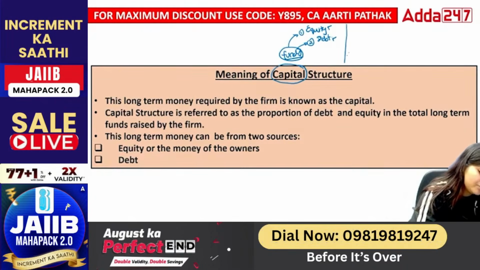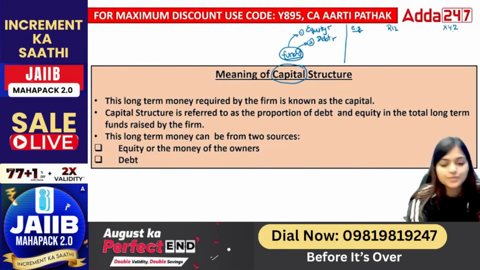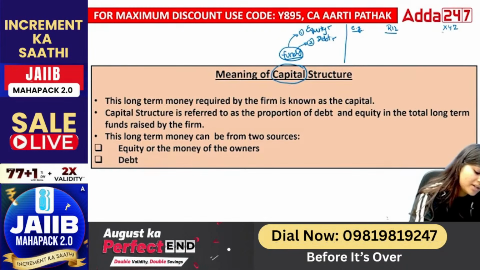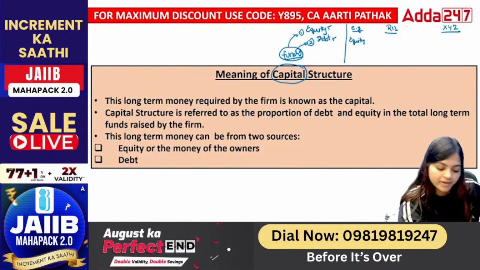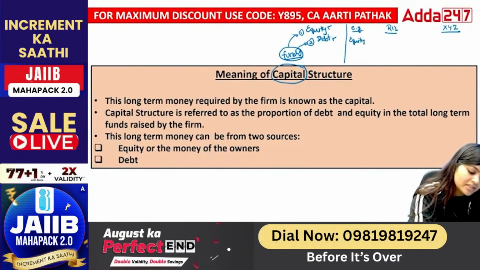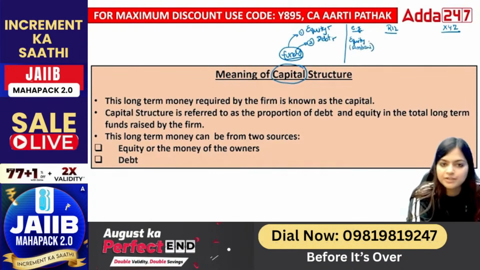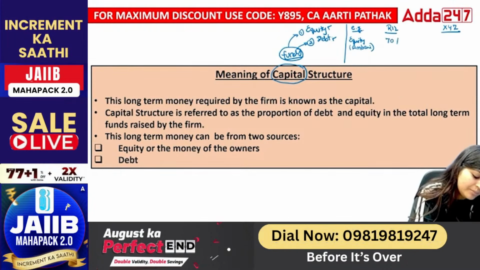Let me give you one example here. Suppose here is your Reliance company and here is your XYZ company. Total is always 100%. In the Reliance company, the equity portion means the Ambanis, they are the owners and founders, have contributed suppose 70%, and debt they have taken is 30%.